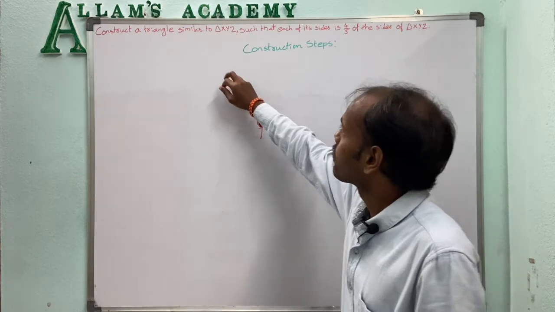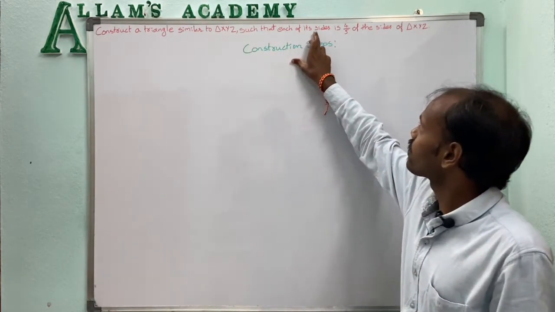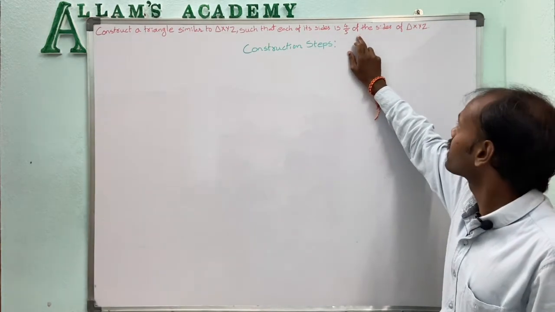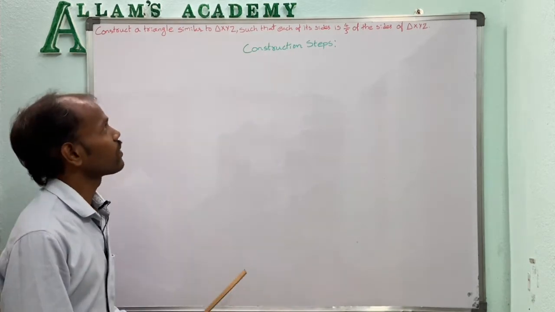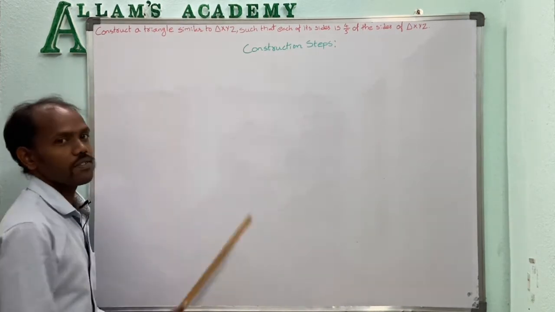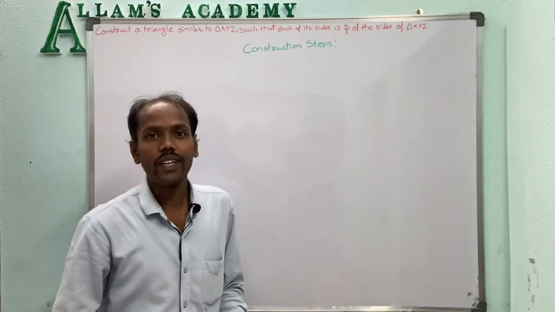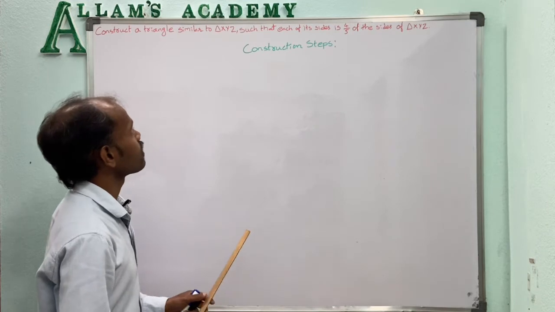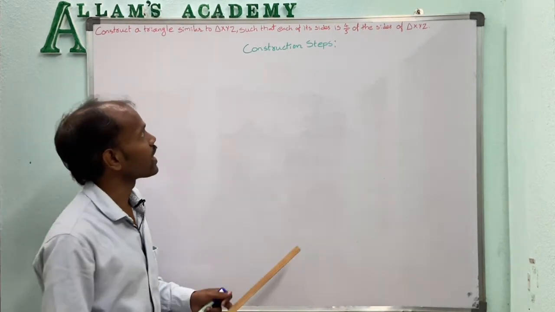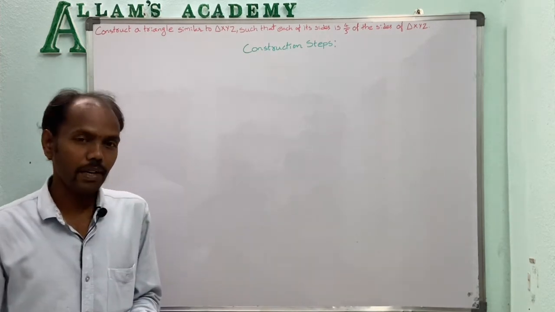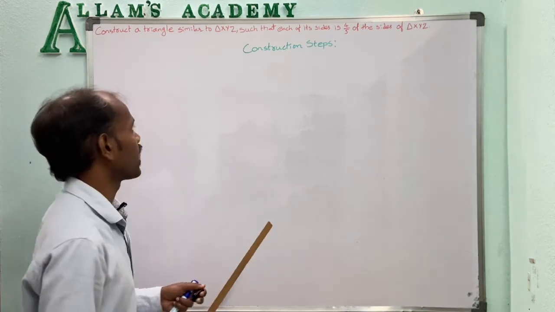Here the given problem is: construct a triangle similar to triangle XYZ such that each of its sides is 4/5 of the sides of triangle XYZ. That means here we have to draw a triangle XYZ, and with the 4/5 ratio we draw another triangle that is similar to triangle XYZ. Here, for drawing triangle XYZ, no measurements are given, so with our own measurements we have to draw triangle XYZ.